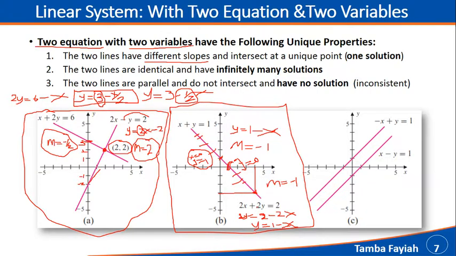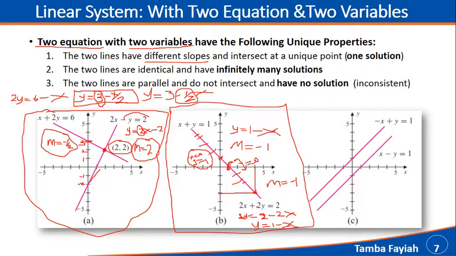Now let us go to the third and final situation you can have with linear equations. Here the two lines will be parallel, and you know from our high school mathematics or pre-calculus that two parallel lines do not meet, or they do not intersect at any point.